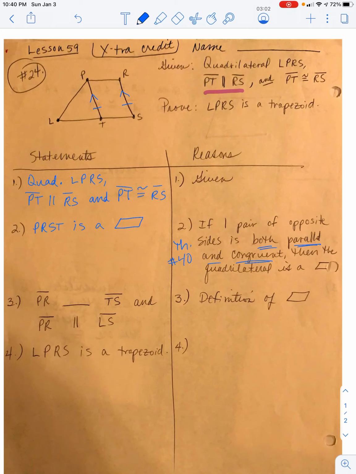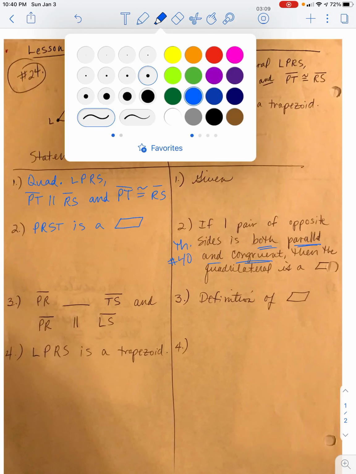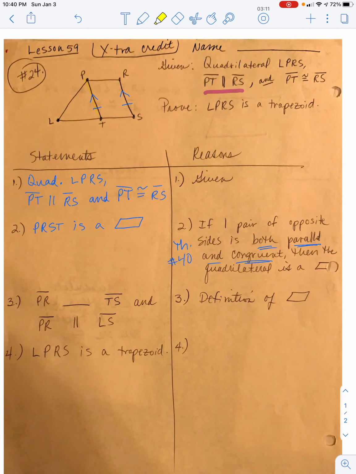Number 3, if that is true, if we have this parallelogram up here now, I'm going to highlight it in yellow, then that means that PR and TS are also parallel to each other.